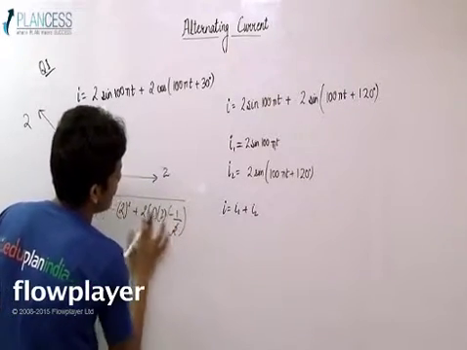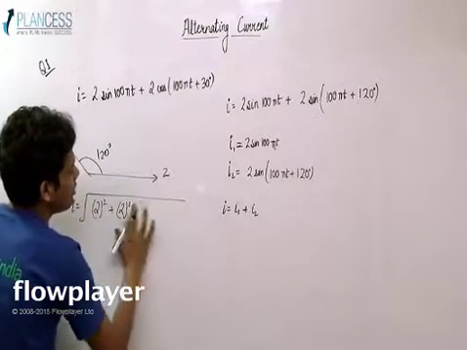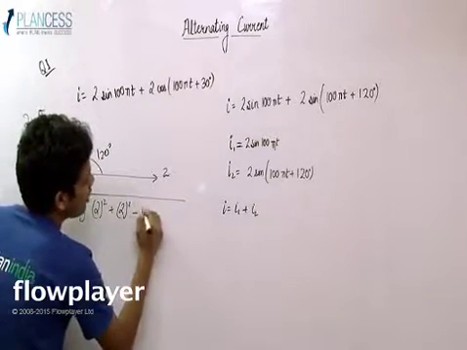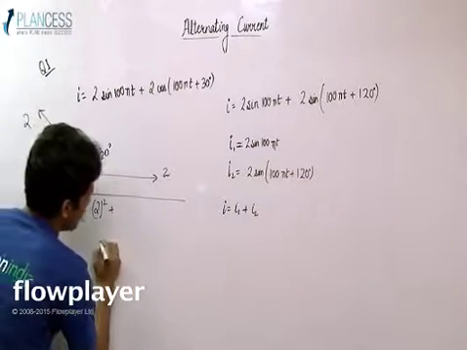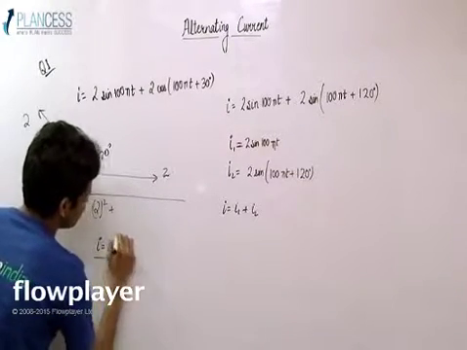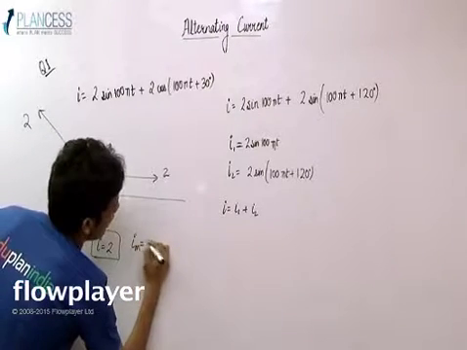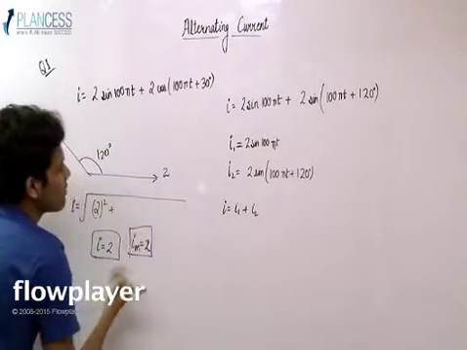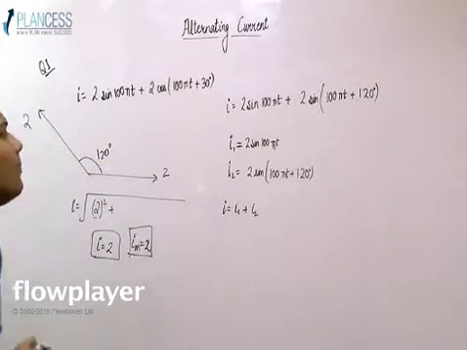So this gets cancelled out, and this comes out to be minus 4, and thus I comes out to be 2, where this I is the maximum value. So I maximum comes out to be 2. That is the maximum value of this quantity comes out to be 2.